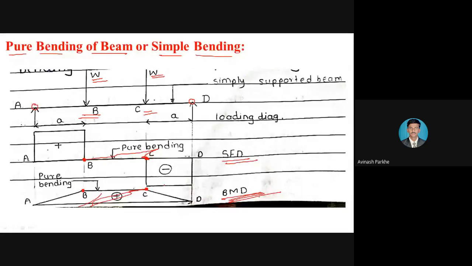And in order to satisfy this particular definition, we have considered this BC portion of BMD and BC portion of SFD. In case of a BMD, the BC portion represents the constant bending moment, and in case of a SFD, that BC portion represents the 0 shear force, means our condition is satisfied. Therefore, directly I can say that this particular beam is subjected to the pure bending only.